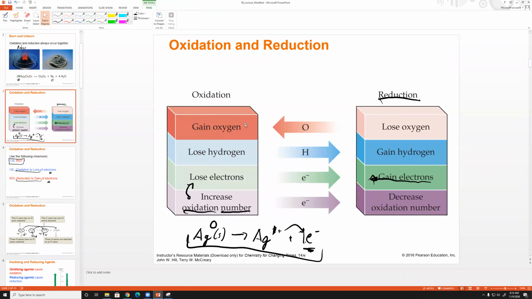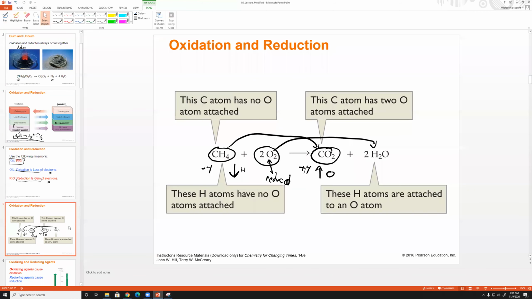So what you'd have to do is see, all right, is some substance gaining oxygens or losing hydrogens? If it is, then it's going to be oxidation reduction. And is the other substance doing the opposite? So keep that in mind. Any questions on that? No? Okay.